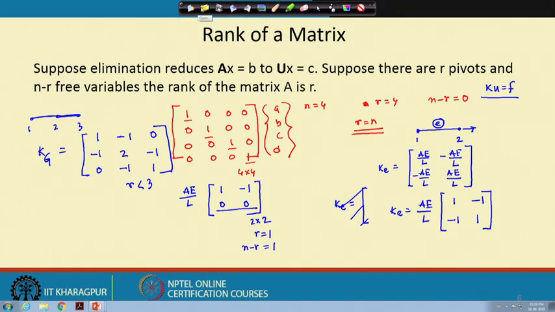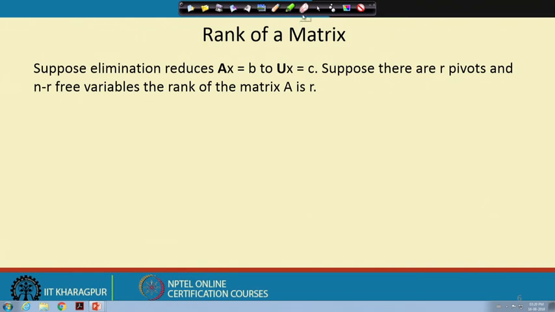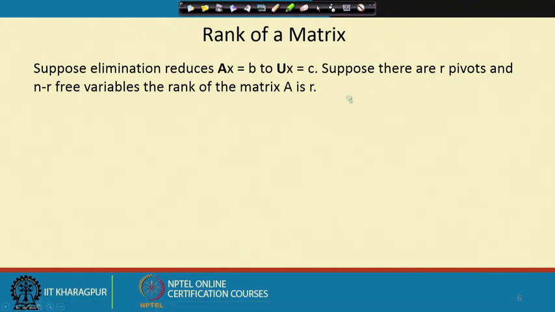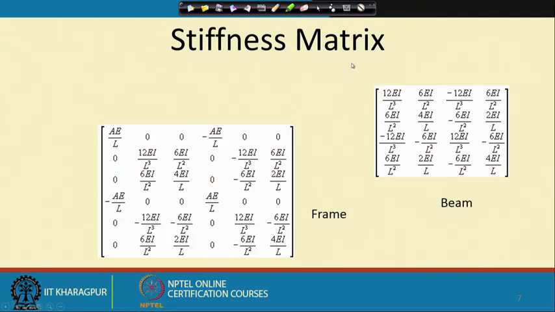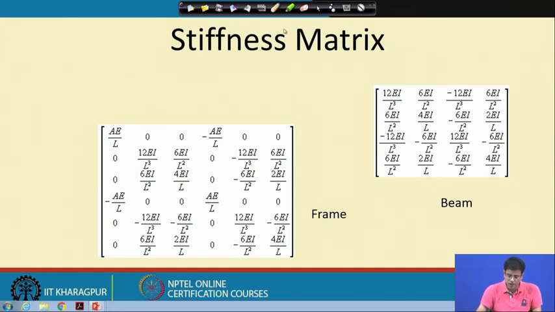So, similarly in case of a beam, if we see the beam stiffness matrix, this is a beam stiffness matrix that we know very clearly now.